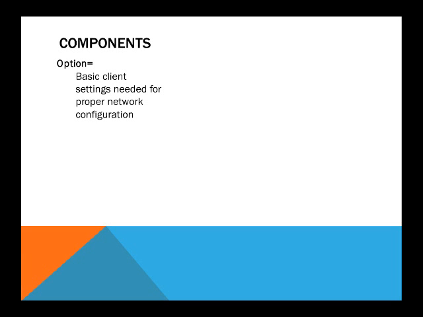Options are basic settings that a client needs to communicate on the network. This is not just the IP address, but the subnet mask, the default gateway, the primary and secondary DNS servers, the primary and secondary WINS servers, if they have it, and the DHCP lease expiration.